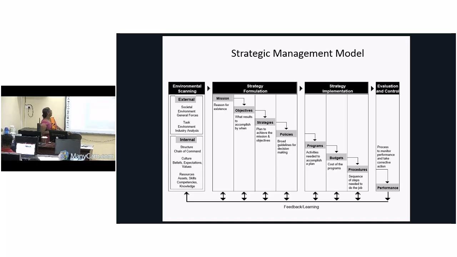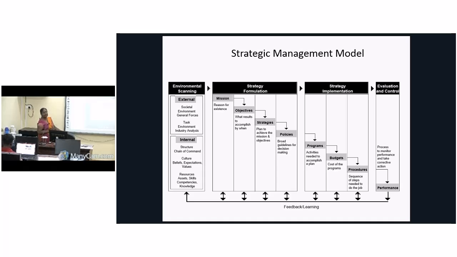Environmental scanning, after environmental scanning you formulate strategies, then implement strategies, and evaluation and control. Within this strategic management model, you first have to do organizational environmental scanning.